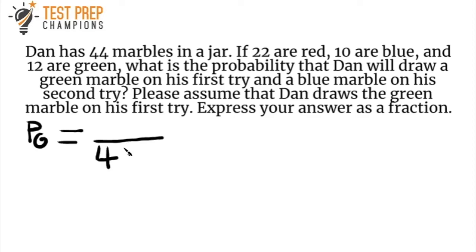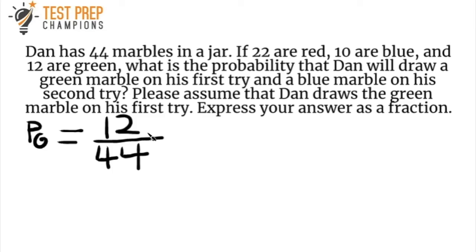So the total number of possible outcomes, in other words, the total number of marbles that he could draw, is 44, right? And the total number of favorable outcomes here is going to be 12 because there are 12 green marbles. So to calculate the probability of drawing a green marble on his first try, we would do 12 divided by 44.